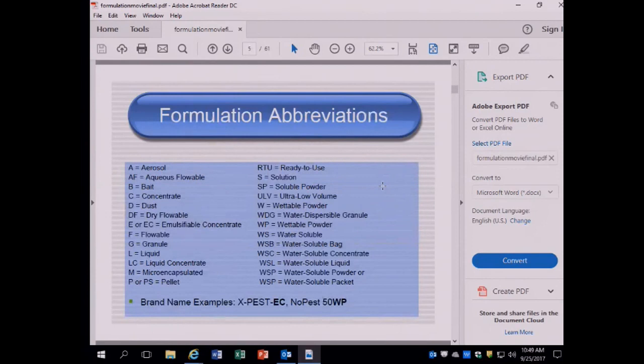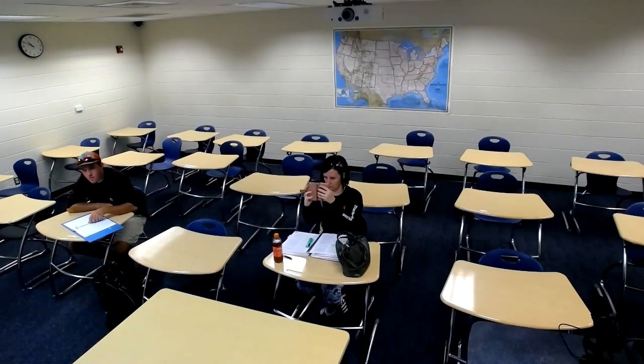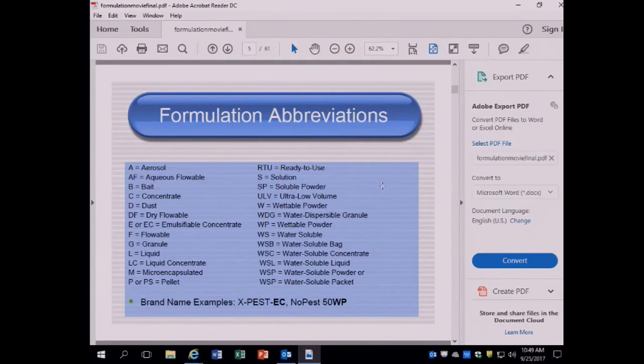They're as simple as A standing for aerosol, and an AF is an aqueous flowable, which means it's a liquid material that is based in water because of the aqueous term. The B is a bait. C is listed as a concentrate. D is a dry flowable, or D is a dust. DF is a dry flowable. I get ahead of myself.